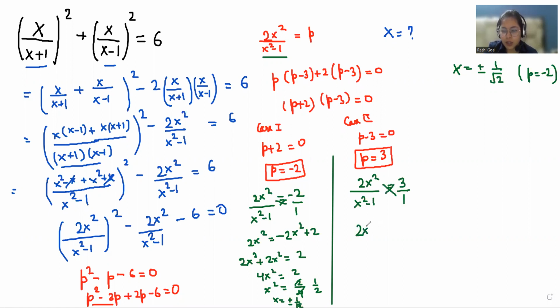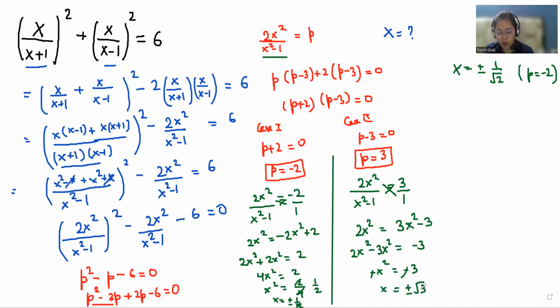When we multiply 2x² with 1, we get 2x². When we multiply 3 with x², 3x², and 3 with −1, so −3. We take 2x² − 3x² = −3. So −x² = −3. The minus will eliminate, so x = ±√3.